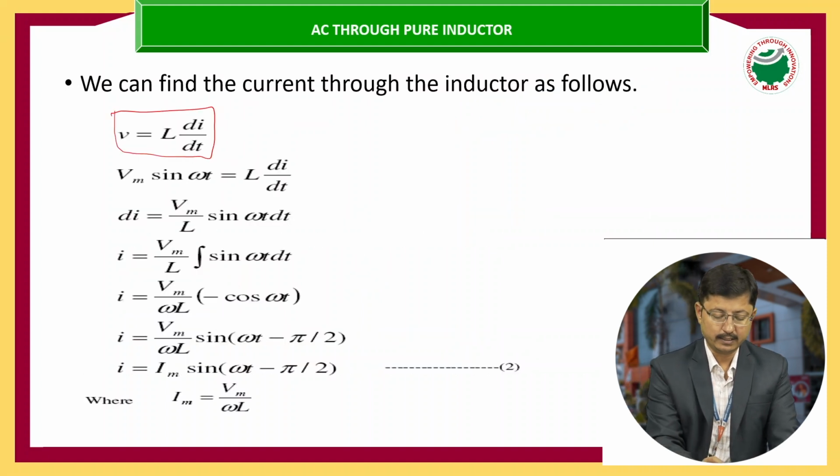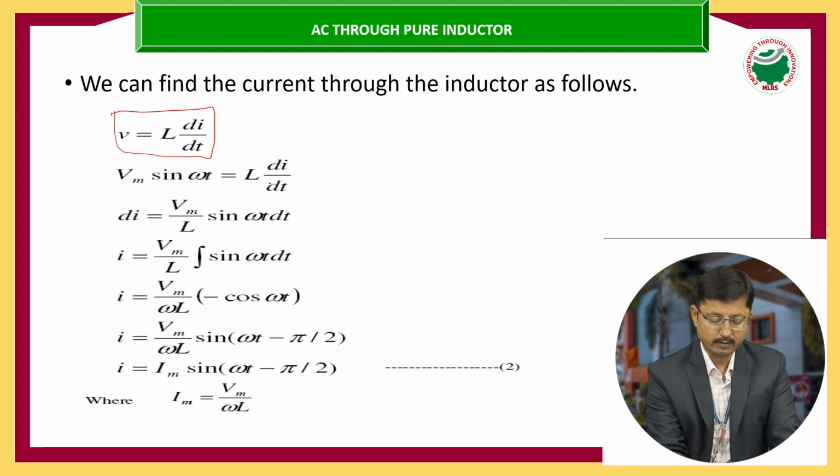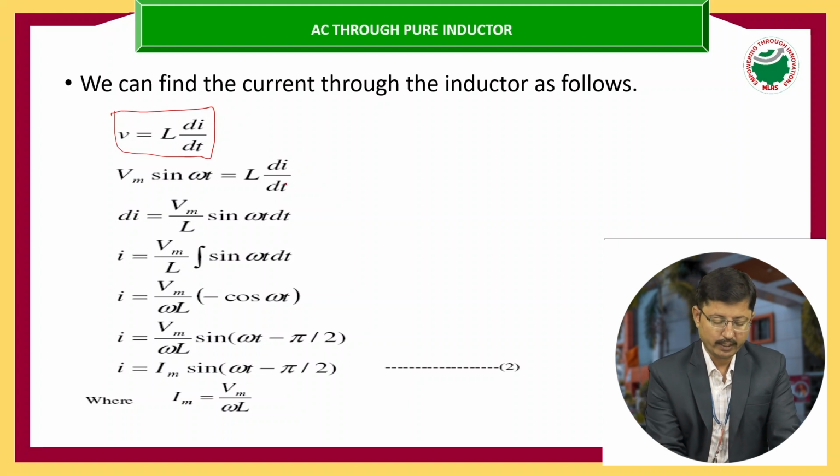So Vm sin omega t equals L di by dt. Taking dt to the other side, we get di equals Vm by L into sin omega t dt.